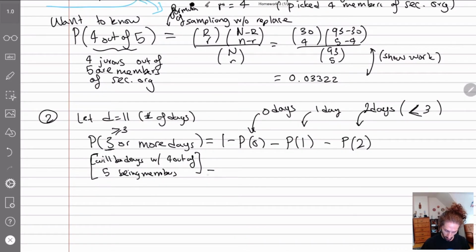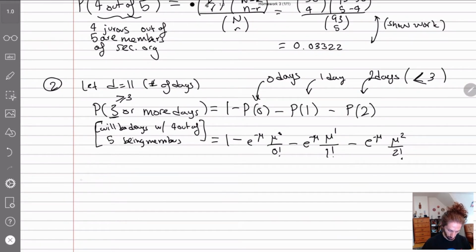So here I need 1 minus e to the minus mu, mu to the 0 over 0 factorial, minus e to the minus mu, mu to the 1 over 1 factorial, minus e to the minus mu, mu squared over 2 factorial. Now we need to calculate mu. What is mu?